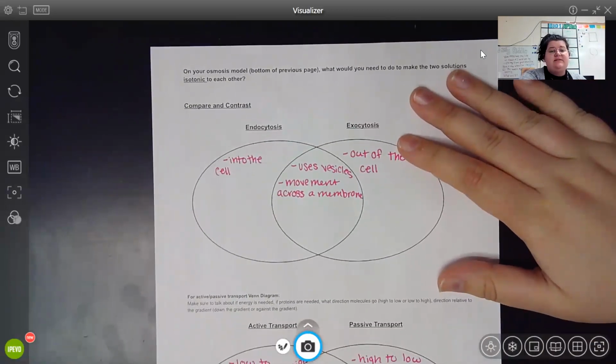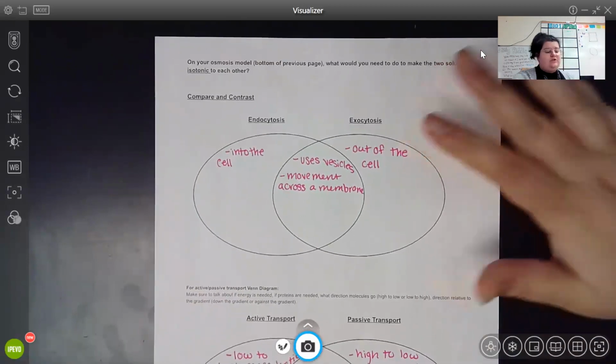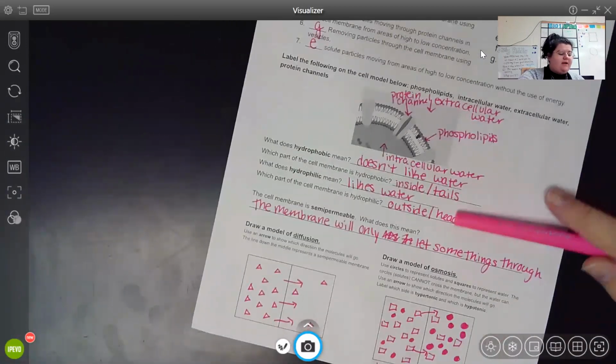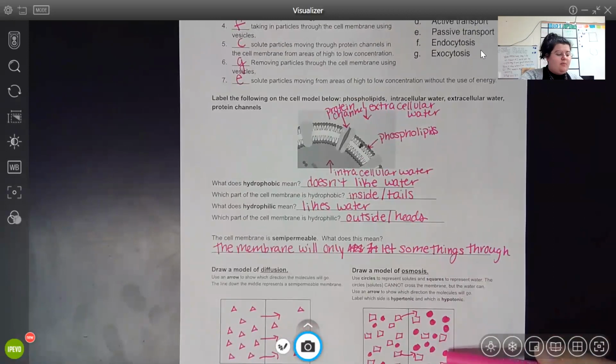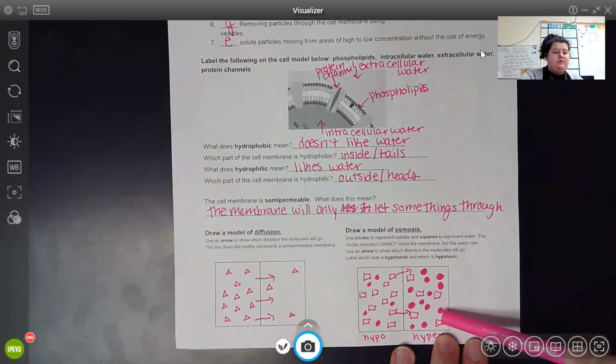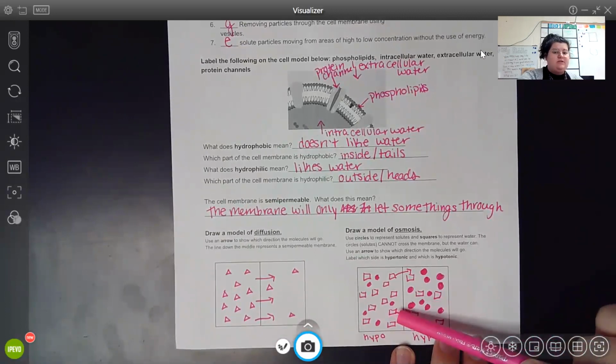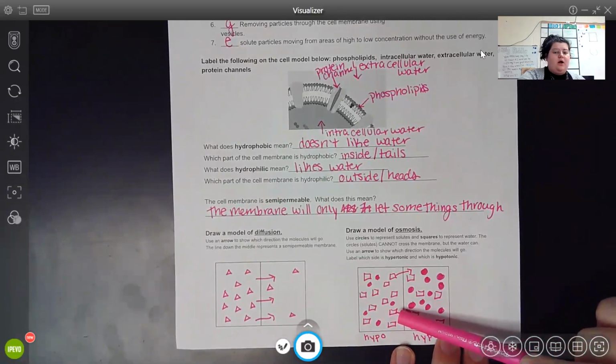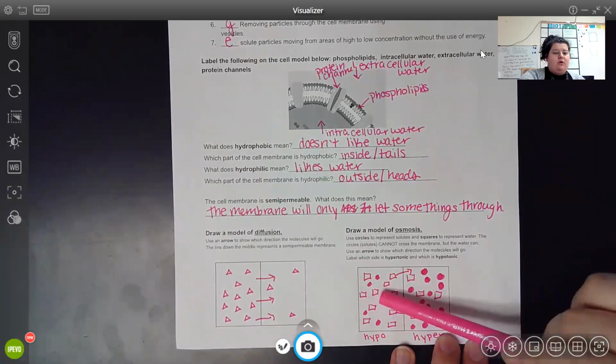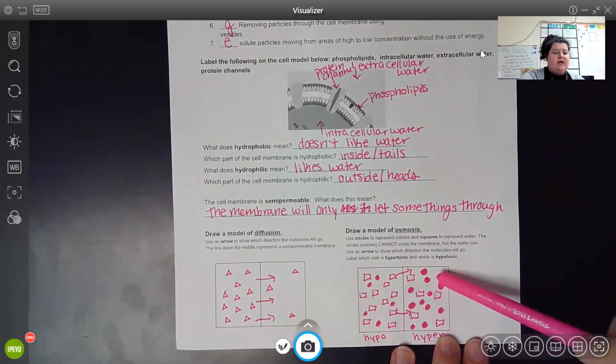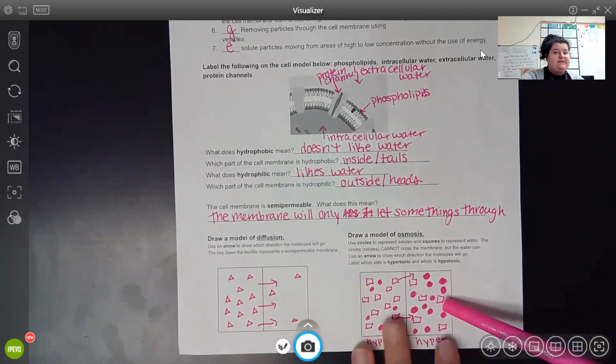So isotonic means that they are equal. So I would need to make the number of water molecules and solute equal on each side, right? So I would add more solute to the left side and add more water molecules to the right side.